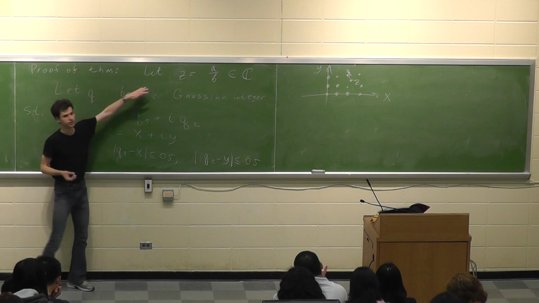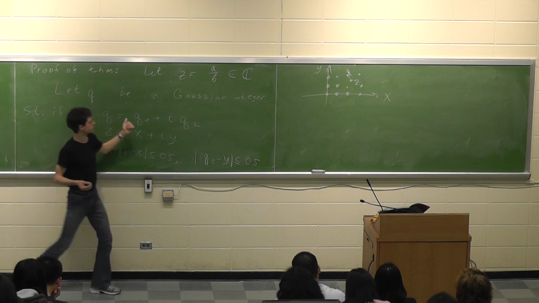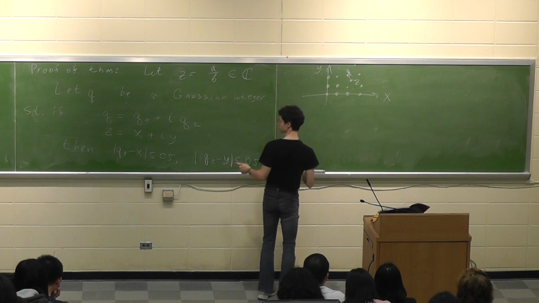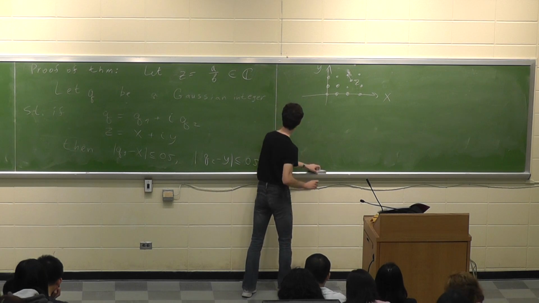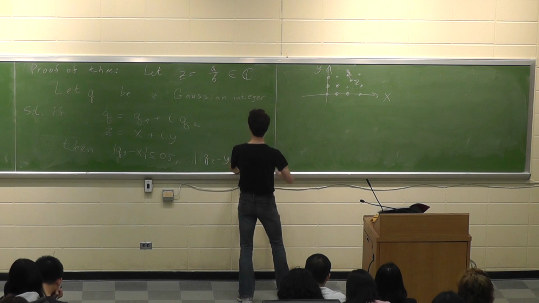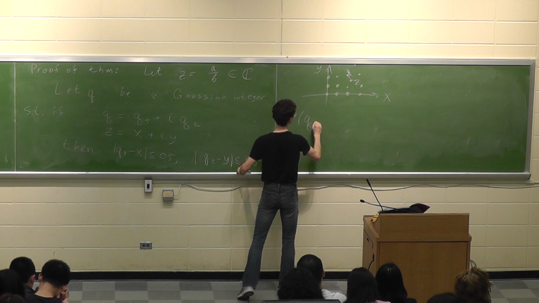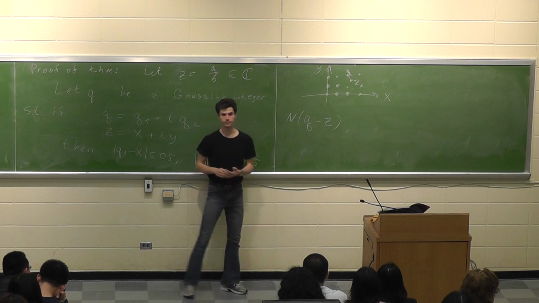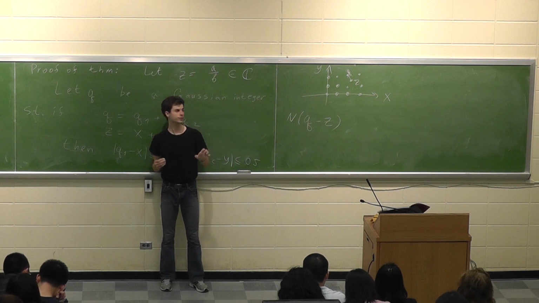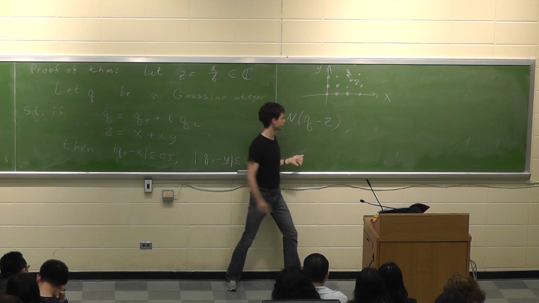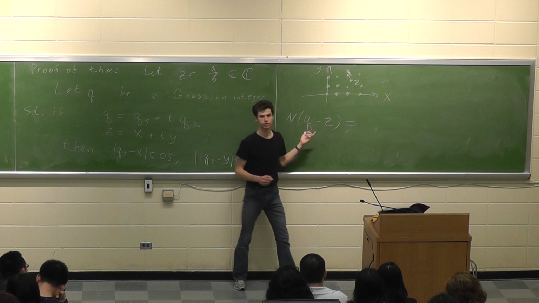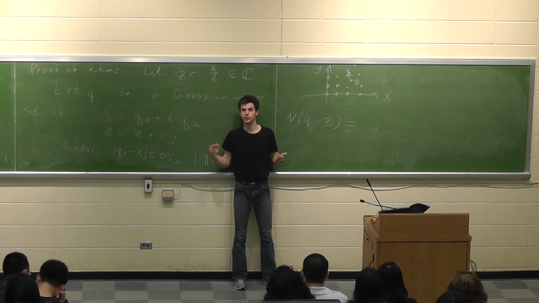Okay, so we have this, and now what can we say about the norm of Z minus Q, the norm of the difference? How far are the numbers from each other? Well, the norm is the x coordinate squared plus the y coordinate squared.